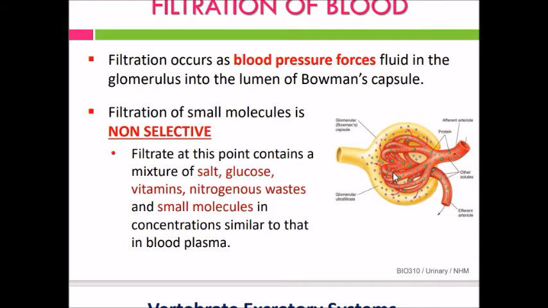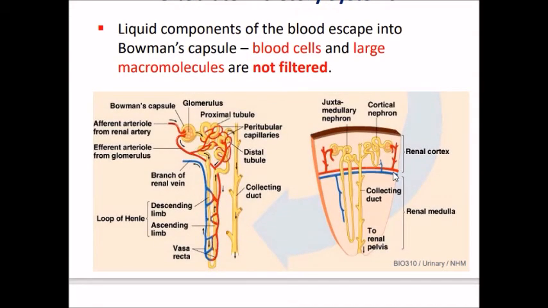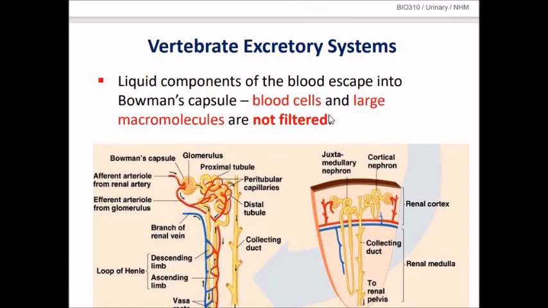Meaning to say, the small molecules are forced from the glomerulus to the Bowman capsule until they reach equilibrium, until the concentrations on both sides are similar. However, not all substances can be filtered in the renal corpuscle, because blood cells and large macromolecules are not filtered into the renal corpuscle. Only small molecules can be filtered.